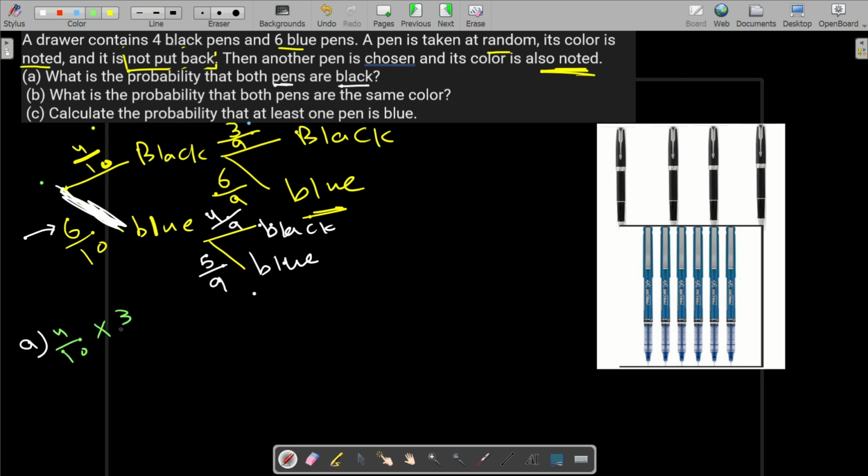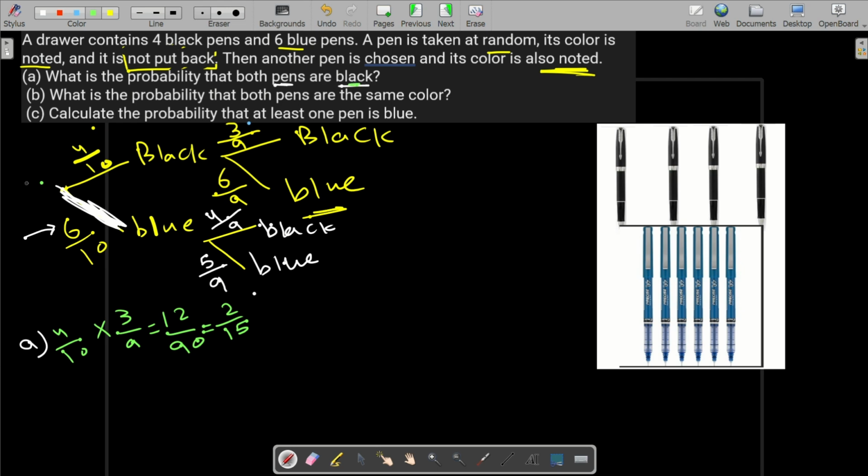In this case, it's going to be 12 over 90. Divide by 6 on both top and bottom, so it's going to be 2 over 15. So this is the probability of having both black.